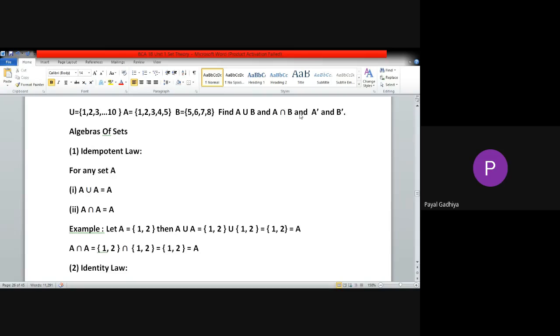Okay, so this is Mansoor, Sagar, Amit. A union B will be 1, 2, 3, 4, 5, 6, 7, 8. Yes. Now you find A intersection B, A dash and B dash.